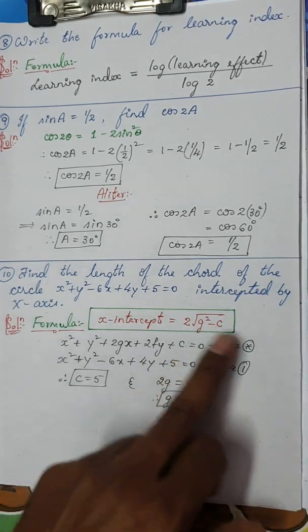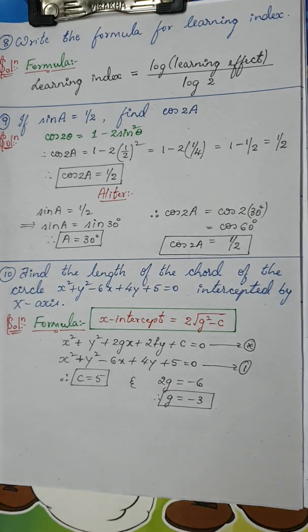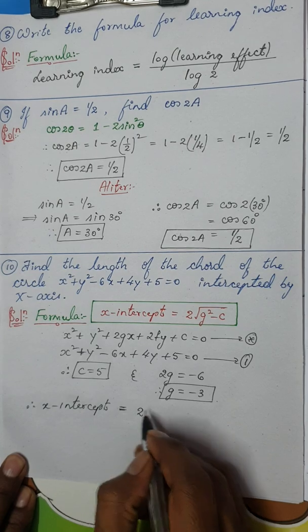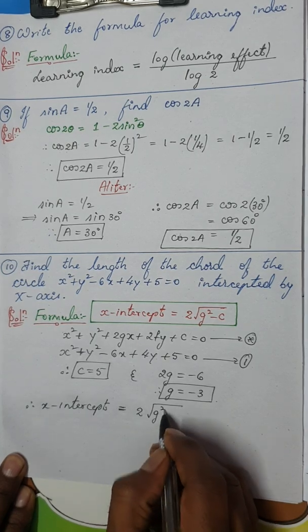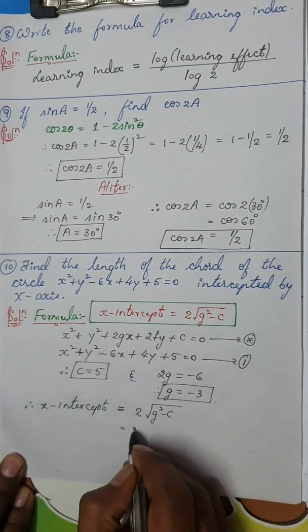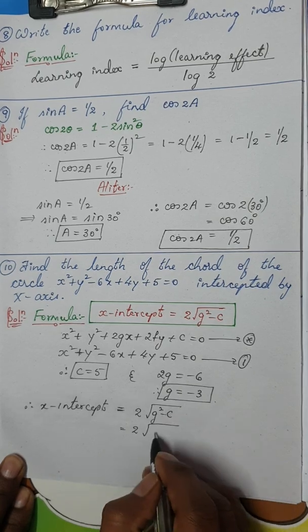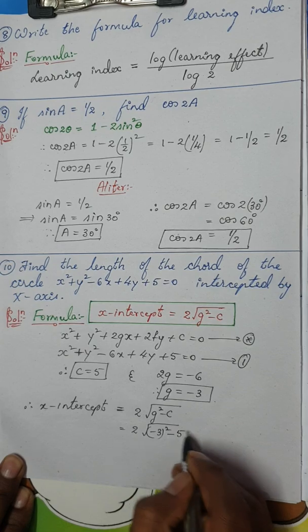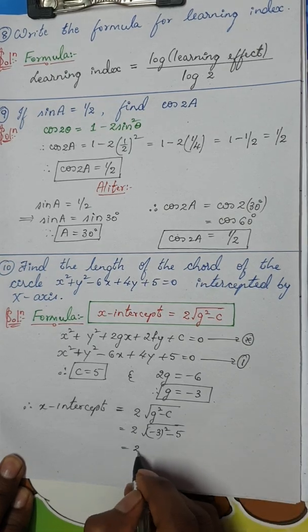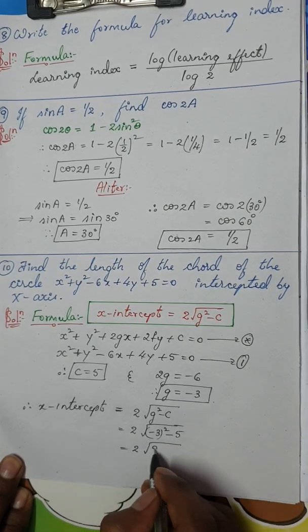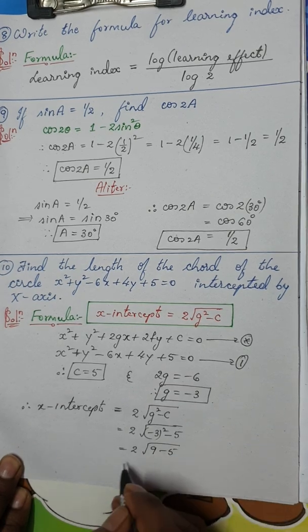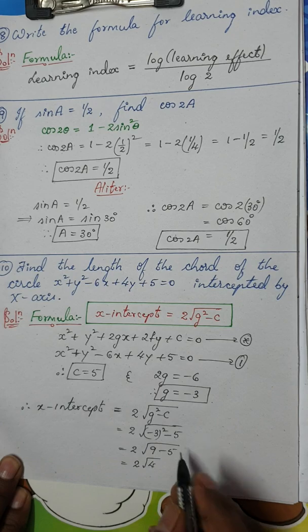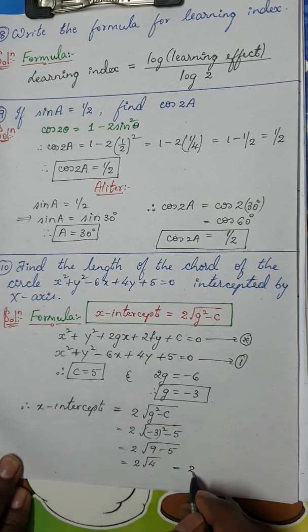Once the g value and c value are ready, let's go to the x-intercept. So what is the x-intercept? That is nothing but 2 into root of g square minus c. So that is equal to 2 into root of minus 3 square minus 5. We know minus 3 square is 9, minus 5, so that is 2 into root 4.